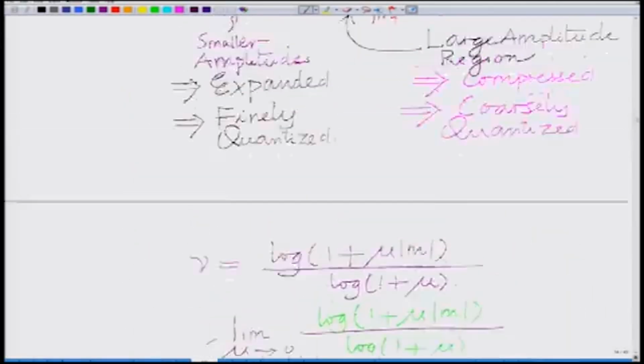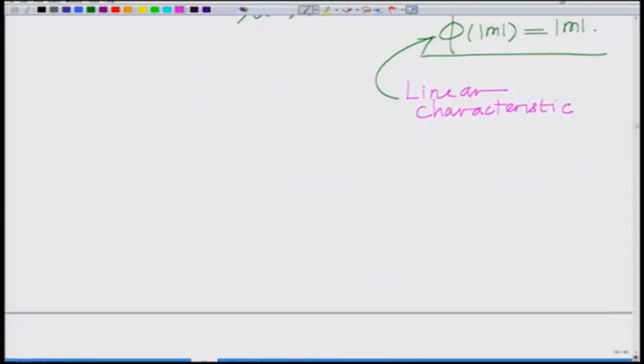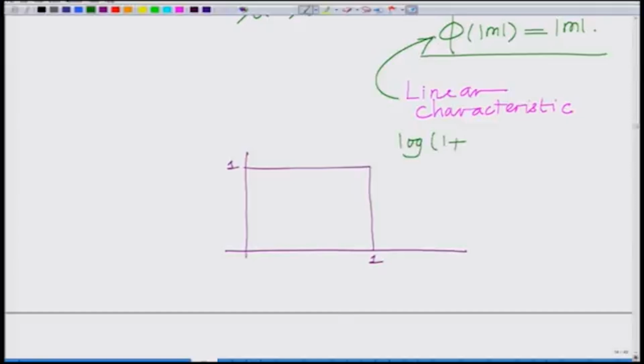Therefore, if we plot this again in this box, we are plotting log of 1 plus mu magnitude of m divided by log of 1 plus mu.